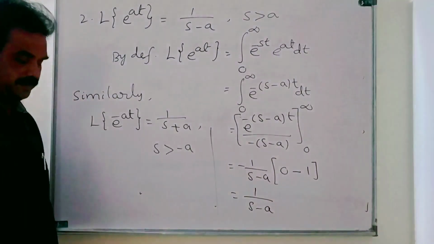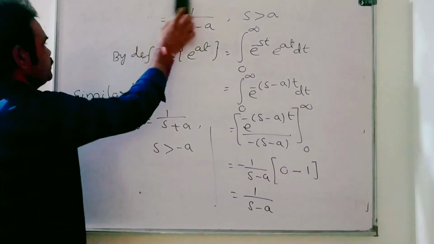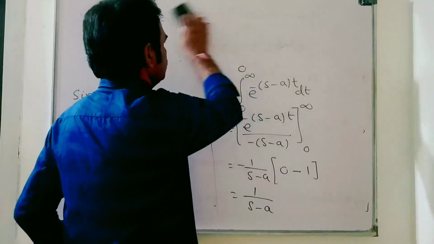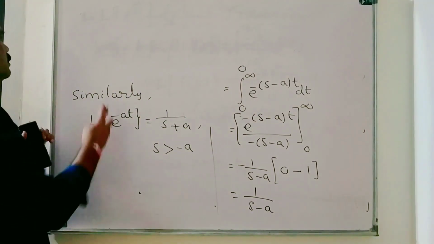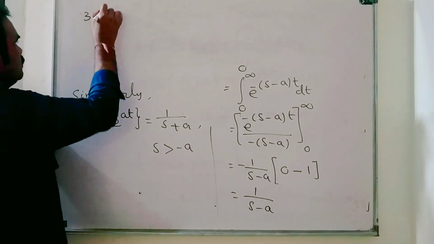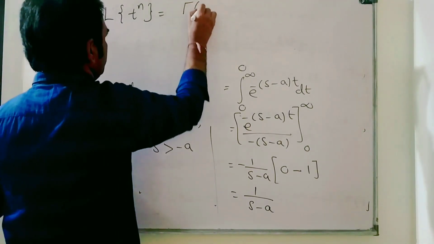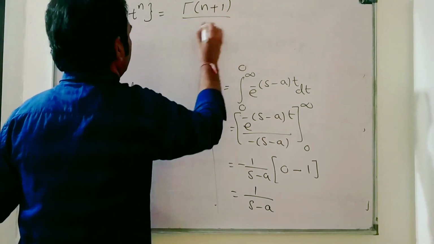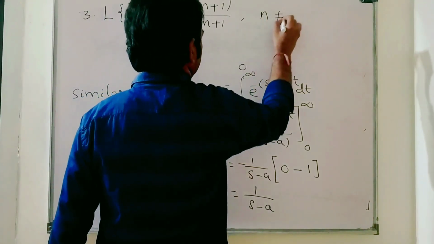Next one. L of t power n is equal to gamma n plus 1 by s power n plus 1, where n is not equal to minus 1.